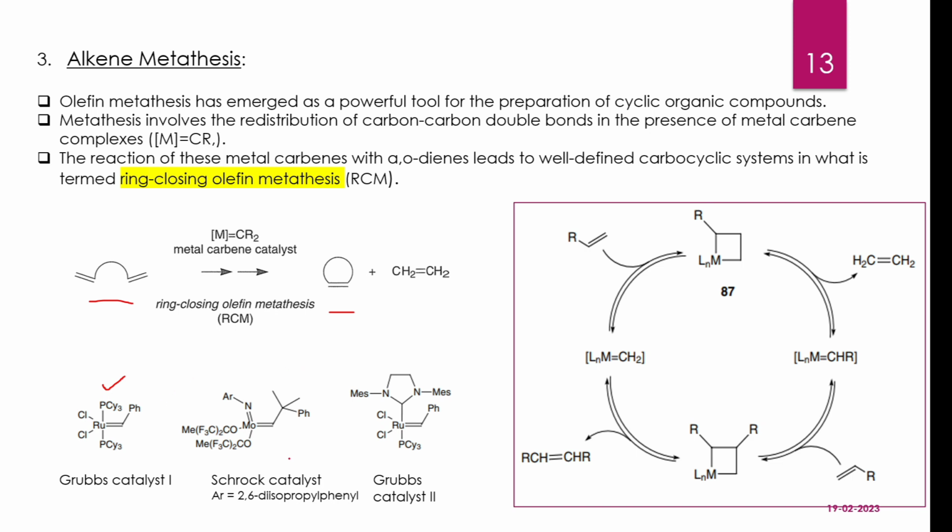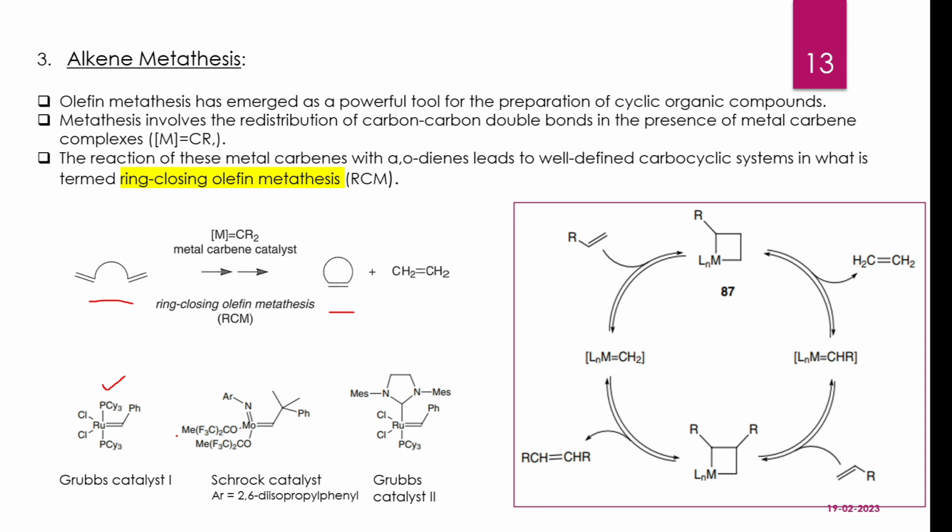These two are called Grubbs catalysts. Grubbs catalyst has more functional group tolerance than the Schrock catalyst.